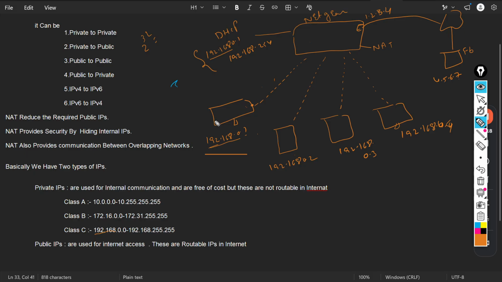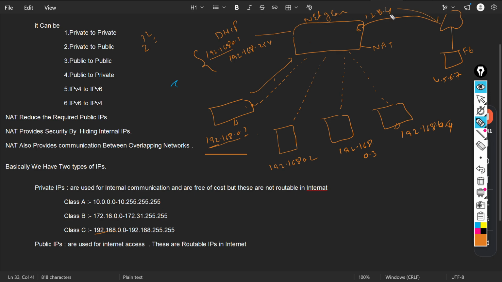So when this user is trying to access Facebook server, here what is the source IP? Source IP is 192.168.0.1. Destination IP is 4.5.6.7. The first request goes to Wi-Fi router. Then this Wi-Fi router removes this private IP 192.168.0.1 and replaces this private IP with the public IP 1.2.3.4 and sends the request out.